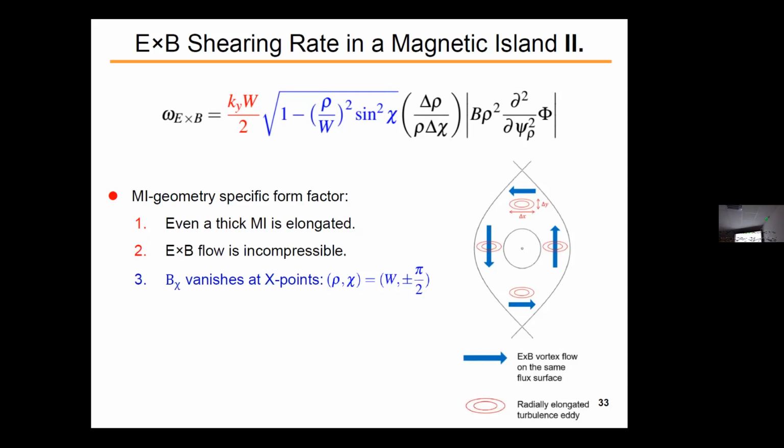So that means the E cross B shearing rate is rather strong in the midplane compared to near the X point, because the flow is incompressible, so it should slow down when it goes around the X point.